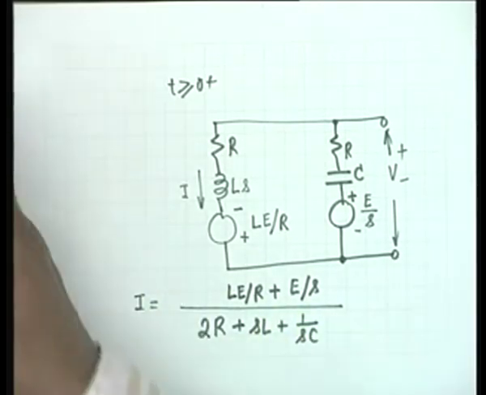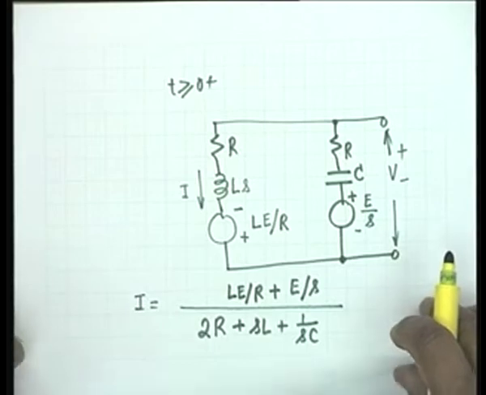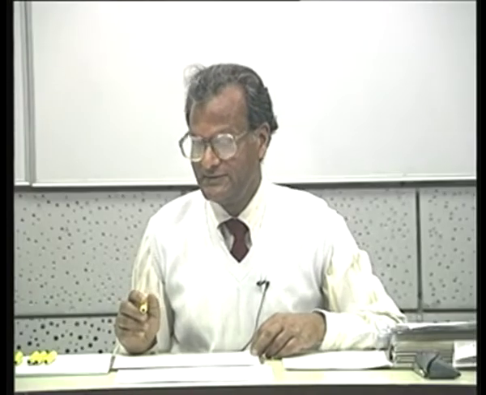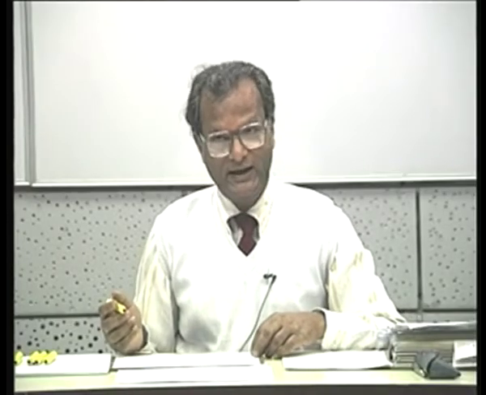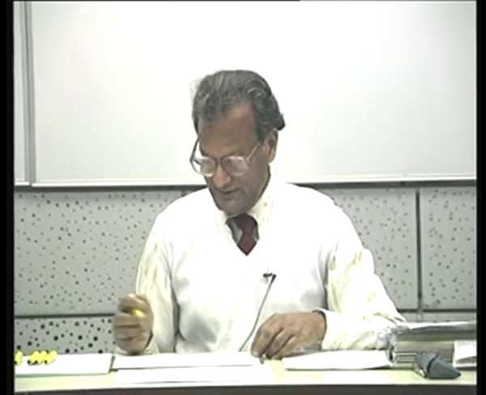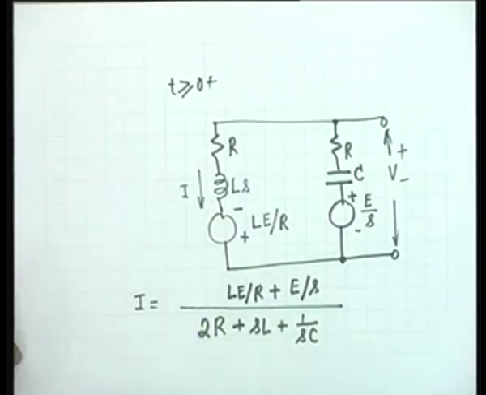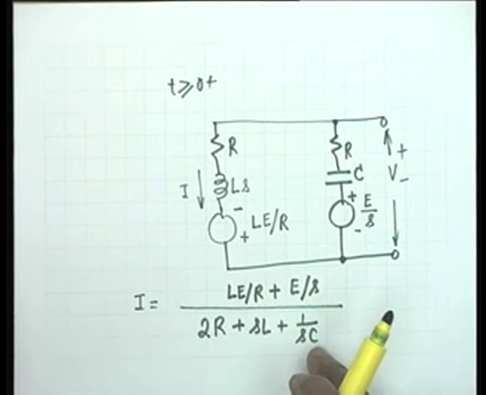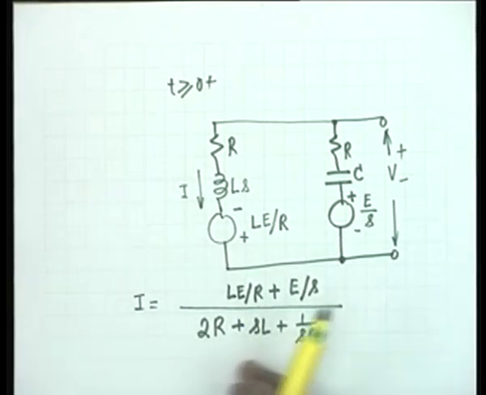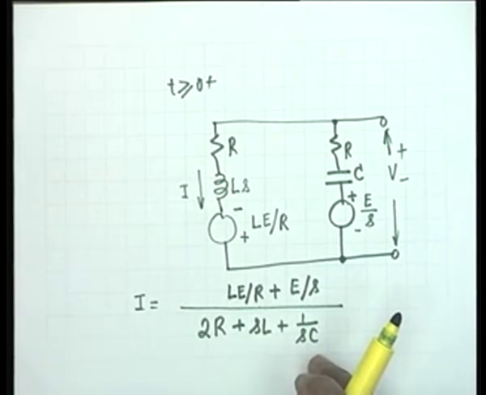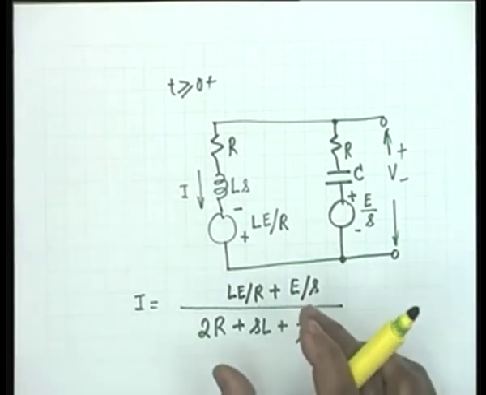And if you simplify this, with L equal to CR squared, normally this looks like a second order circuit, and therefore the denominator, after clearing the 1 by SC inverse power of S, should be a quadratic, agreed? The numerator should be a first order term, but it turns out that one of the terms cancels out.